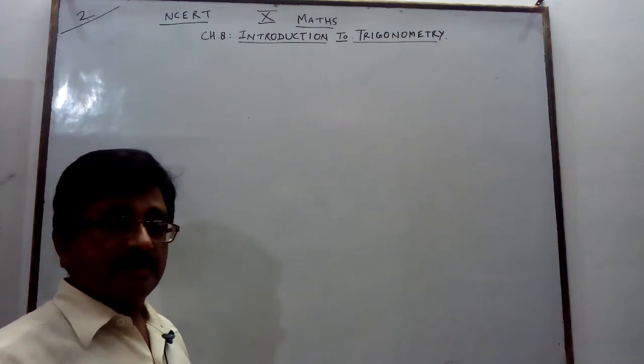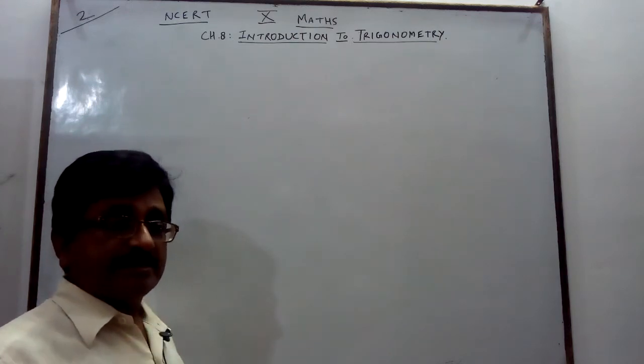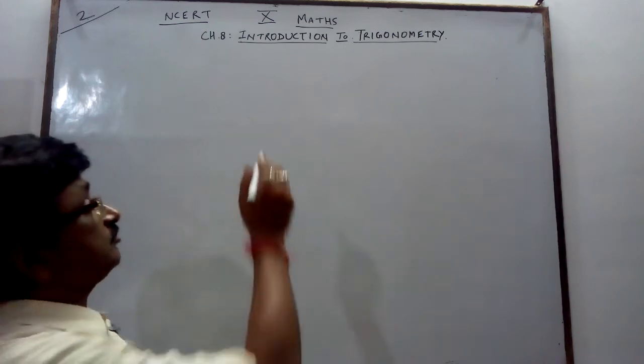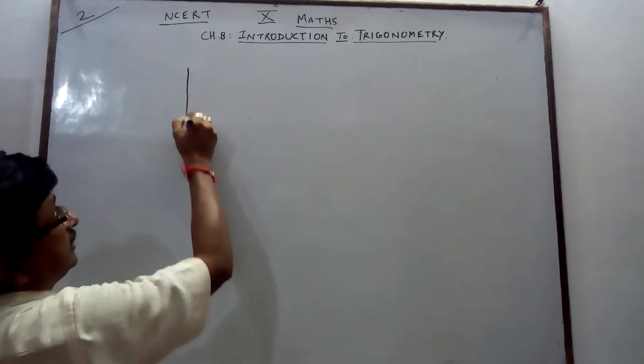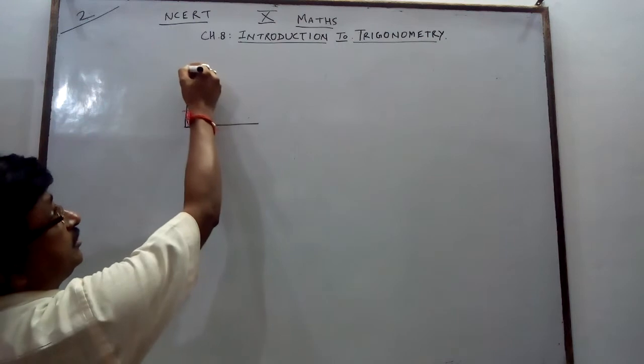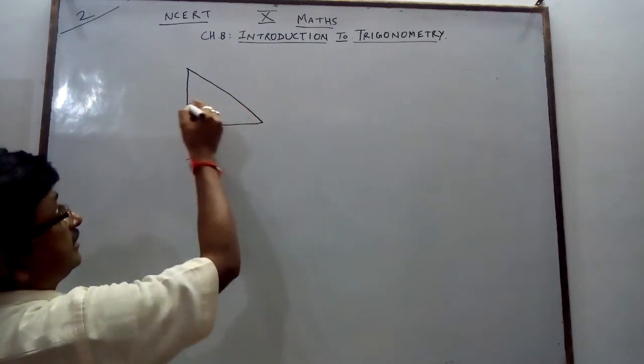In the previous lecture I explained the right triangle and trigonometric ratios. What is a right triangle? How will you get the perpendicular, base and hypotenuse of a right triangle?